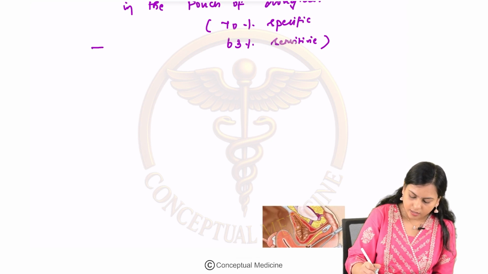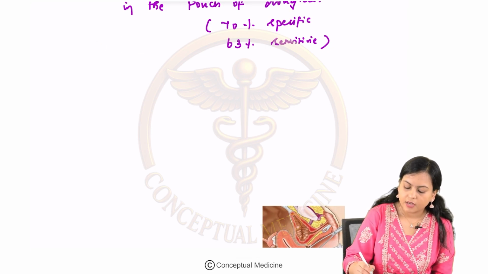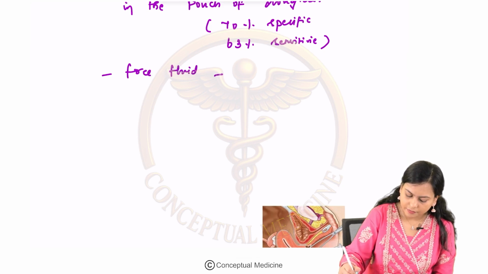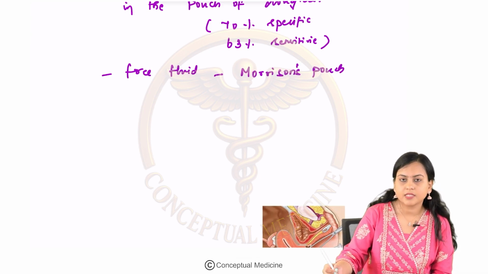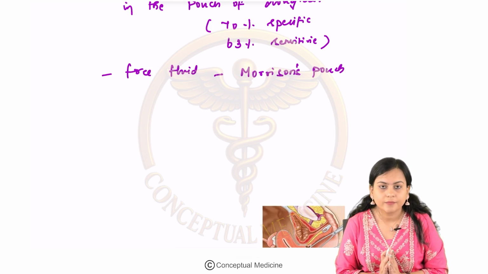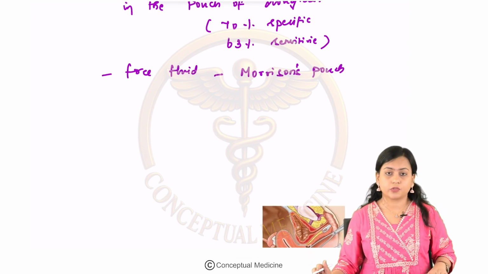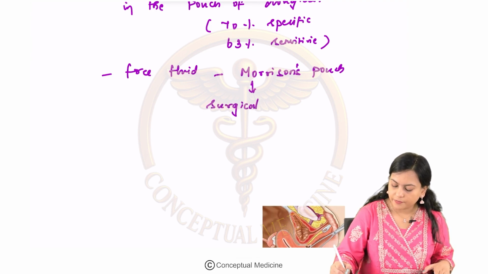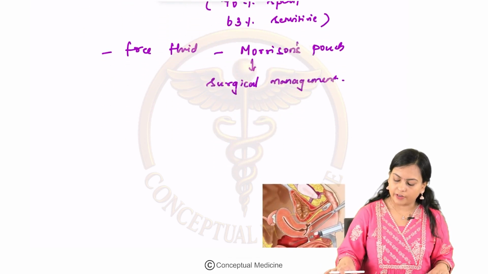And sometimes the free fluid can be seen in Morrison's pouch also. That means the rupture has occurred and there is a huge amount of blood, and the collection of blood has gone up to Morrison's pouch. In that case you definitely have to go for surgical management. Clear? Okay, so these are the ultrasound findings.